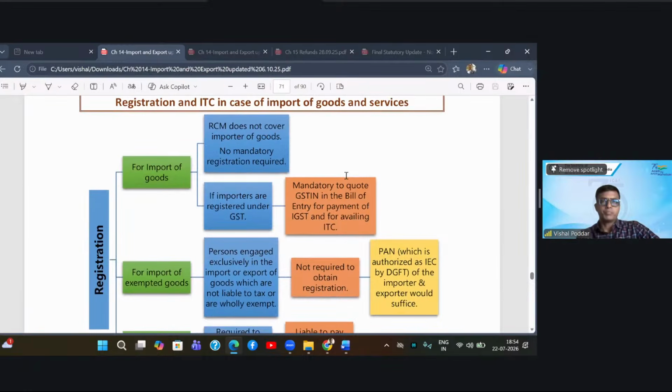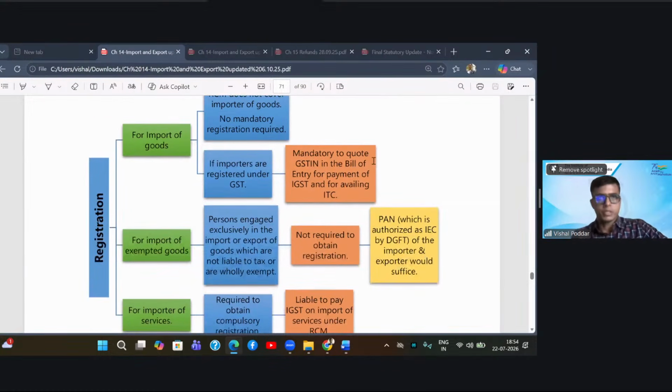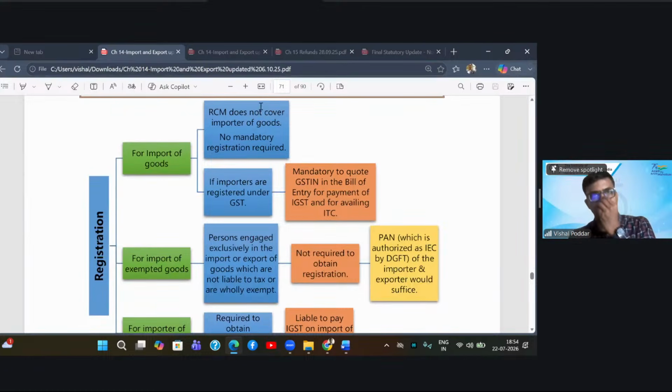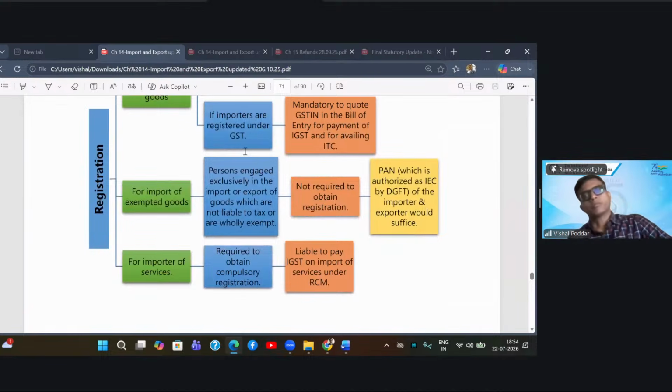Now, students, we come to the next part, that is the requirement of registration and the ITC eligibility in case of import of goods and services. First, registration for import of goods. Importantly, as I mentioned at the start, the importer of goods is required to discharge IGST under the customs law, but that does not mean that the importer is discharging under RCM, because import of goods does not fall in the RCM section, and hence for the recipient there is no compulsion to take registration.